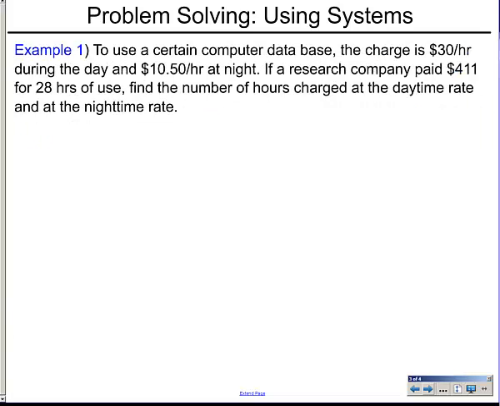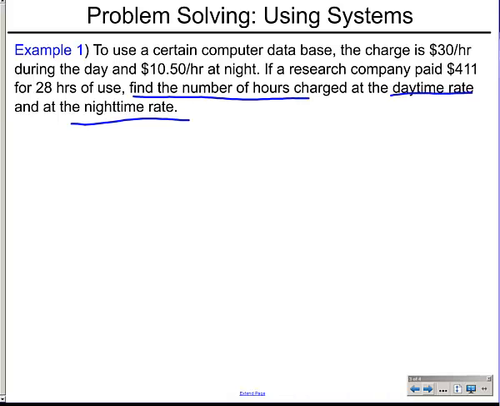Example 1. To use a certain computer database, the charge is $30 per hour during the day and $10.50 per hour at night. If a research company paid $411 for 28 hours of use, find the number of hours charged at the daytime rate and at the nighttime rate.